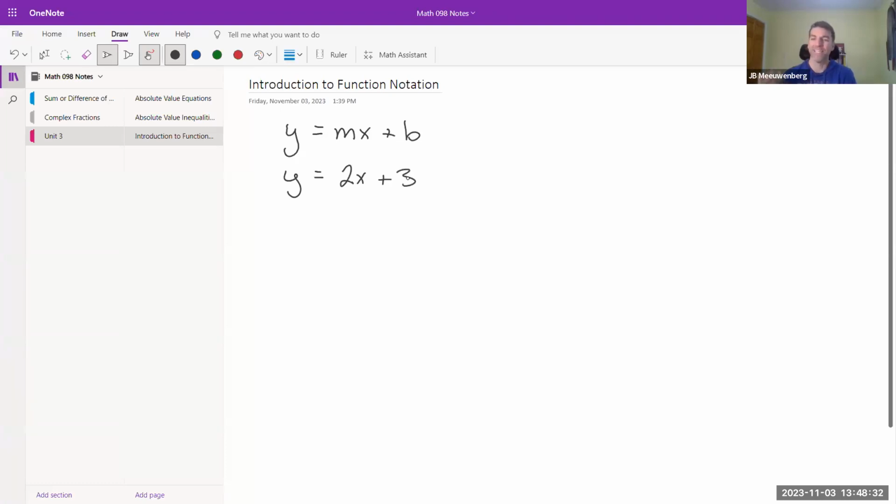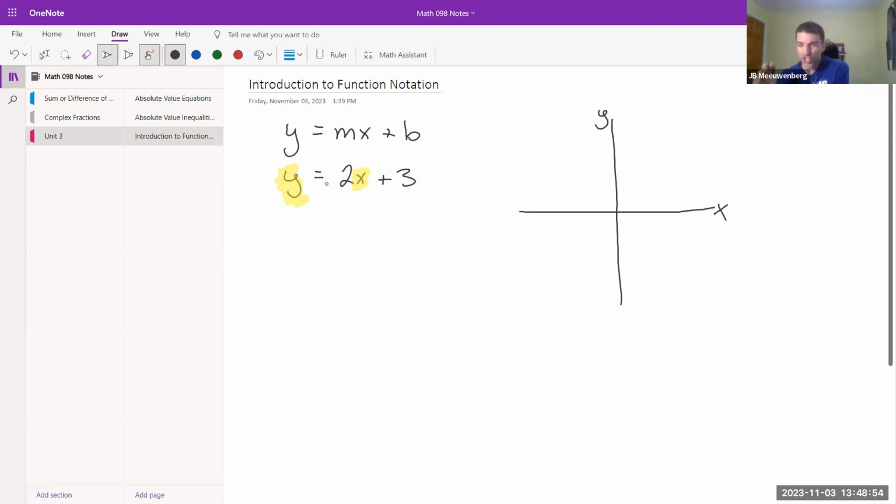That is slope-intercept form of a linear equation. This form uses two variables, an x and a y. And we often relate those two on a graph, the x-axis and the y-axis.